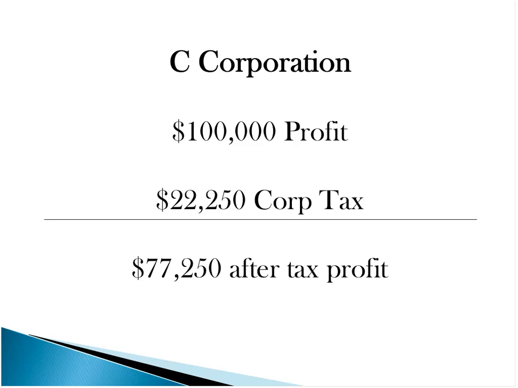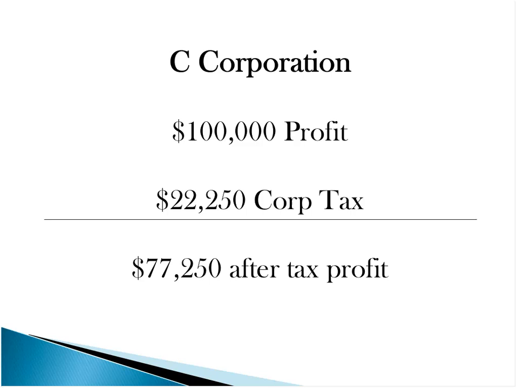So anyway, the format that I'm going to go through today is just using the same example under the various different business entities. So we're going to make a number of assumptions to simplify this. And we'll start out with the C corporation.